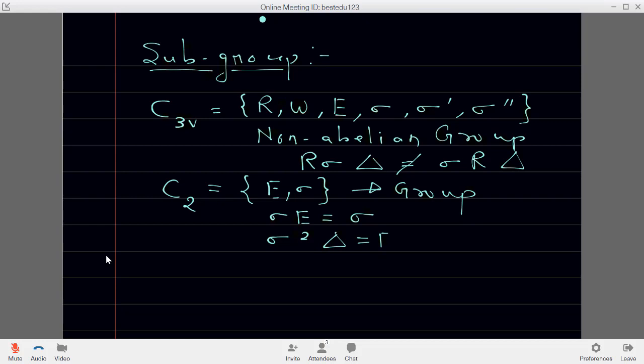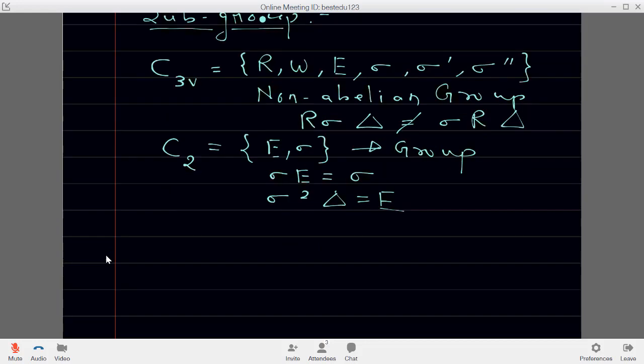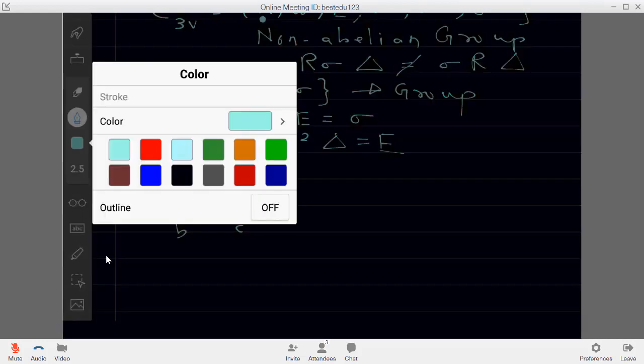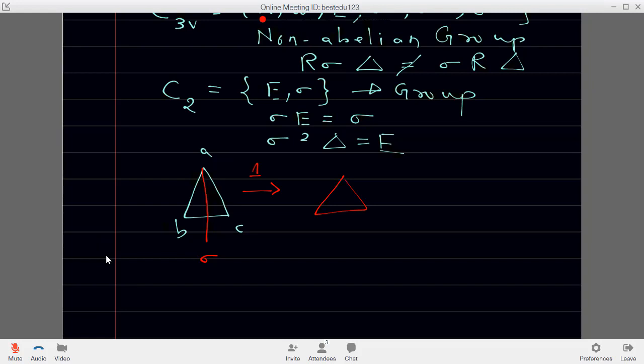Let's give a check. So this was my triangle A, B, and C, and I think sigma was in this direction. If I apply sigma once, then the triangle will become A, C, B, and if I apply sigma twice, then again I make a reflection here, and I get A, B, C. So as you can see, sigma squared gives you the same triangle as the triangle itself.